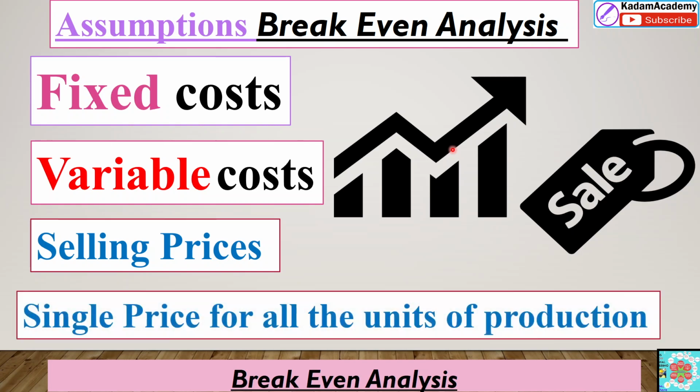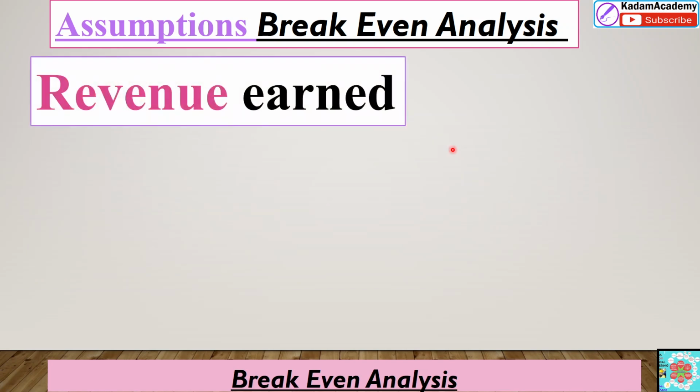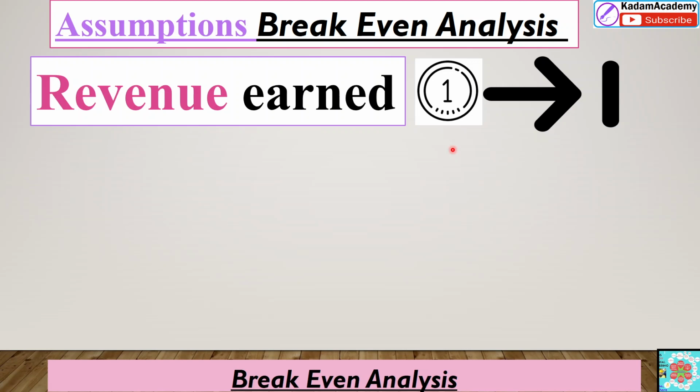It varies with the physical volume of production. Friends, the revenue earned from the first unit to the last unit manufactured for that batch or month, for the required target, will be a straight line revenue curve.